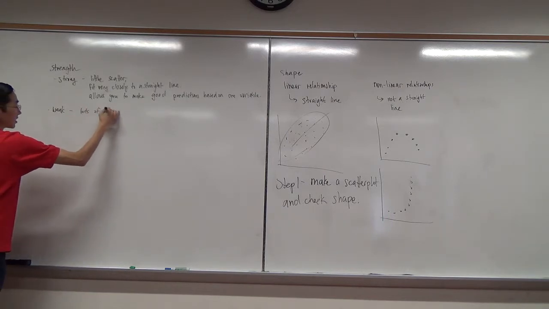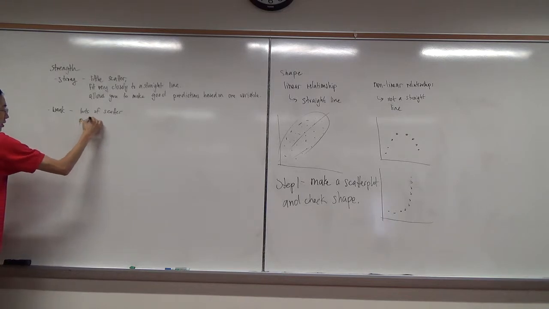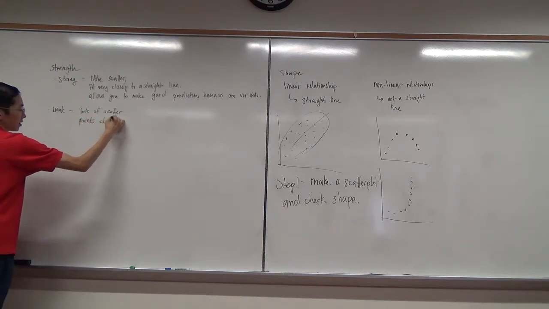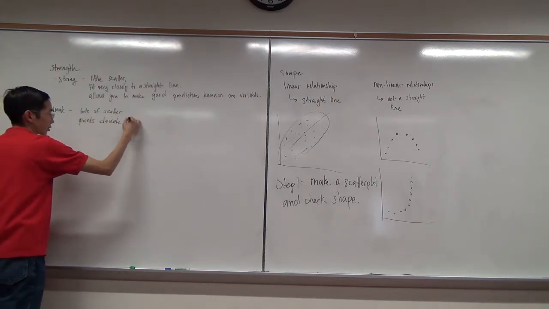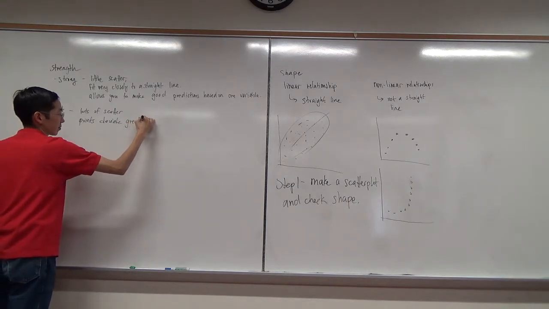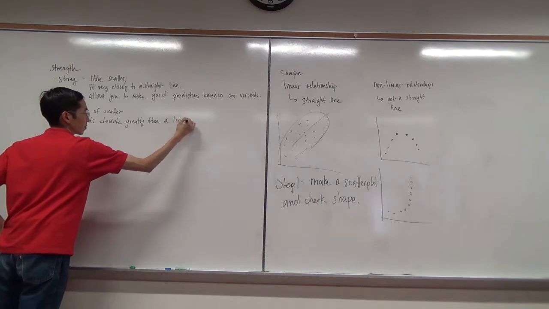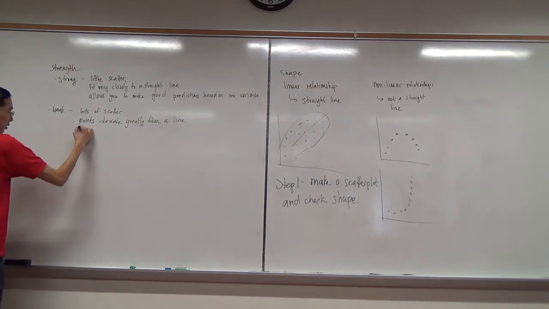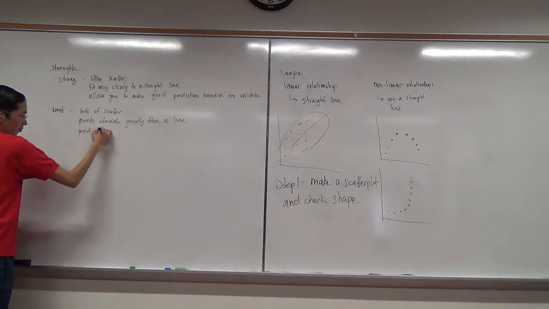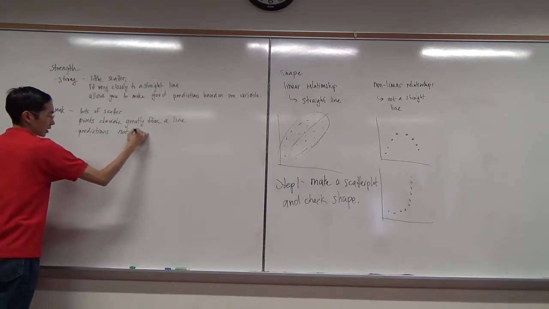Lots of scatter. Okay, points deviate greatly from a straight line. Okay, and predictions will not be as good. Not as accurate.